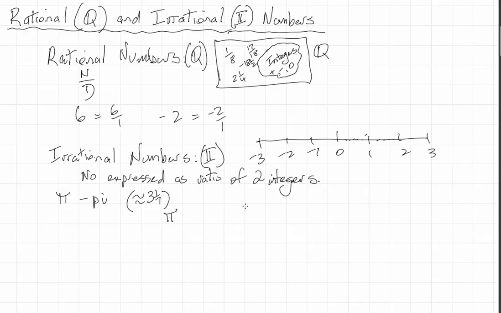Pi is simply, if you've got any circle, and this is the power of the discovery of pi, it doesn't matter how big your circle is, if you could measure around the circumference and you could measure exactly the diameter, pi is simply the ratio of the circumference to the diameter.